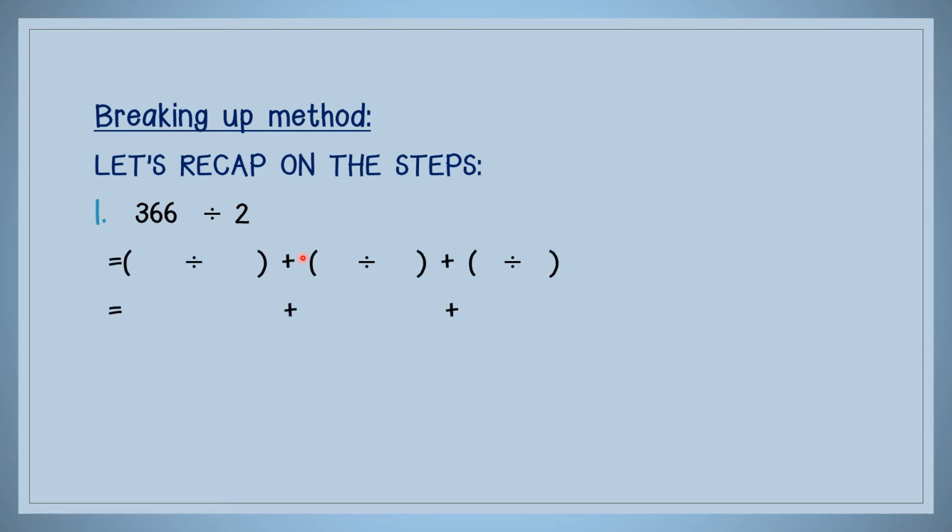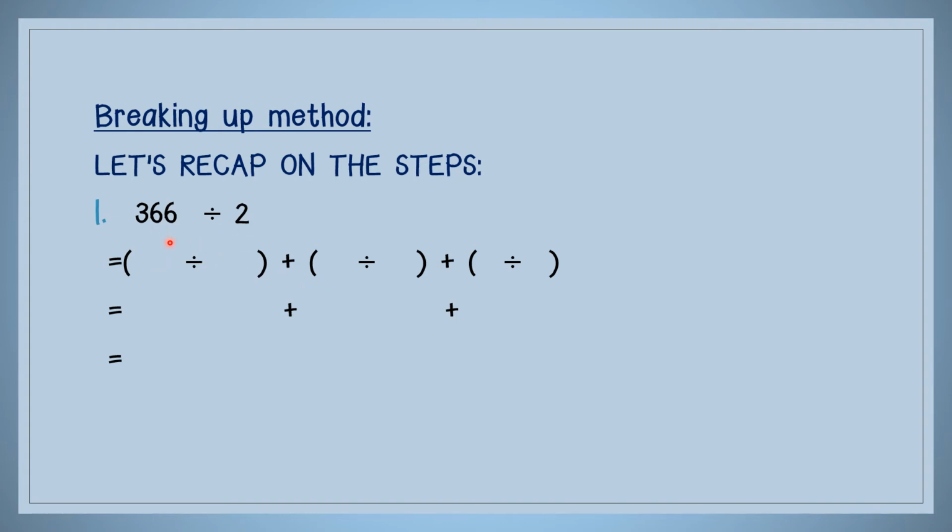We're going to use the breaking up method, so it's still the 3 same steps. Our addition symbols still stay in the same place, only our division sign will be there in the brackets.